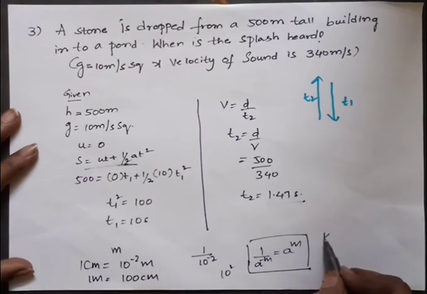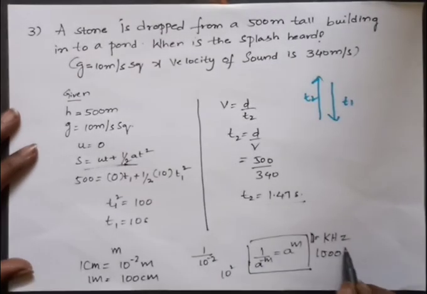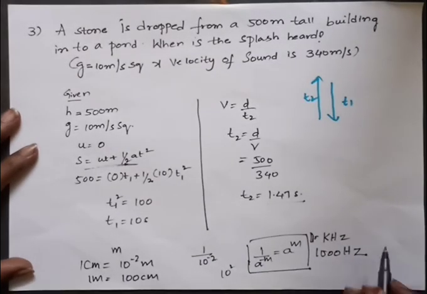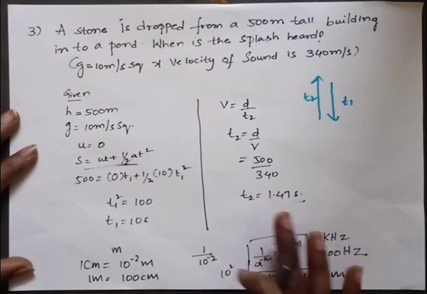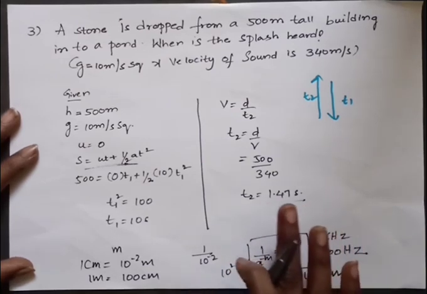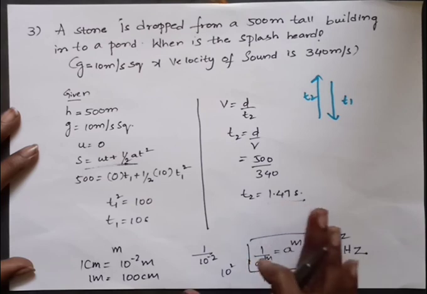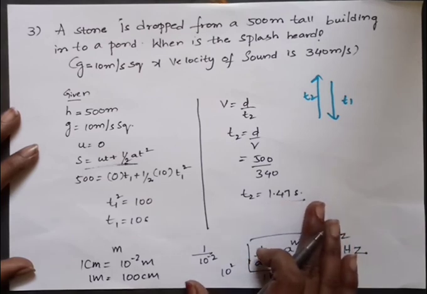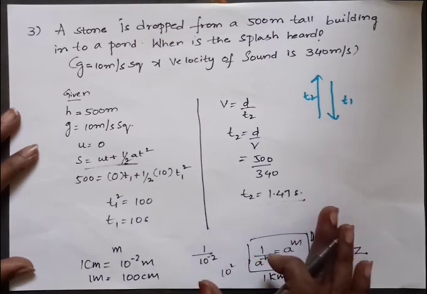And if kilohertz is given, then 1 kilohertz is equal to 1000 hertz. If kilometers are given, then 1 kilometer is equal to 1000 meters. If time is given in hours, it should be converted into seconds. If time is given in minutes, it also should be converted into seconds. So finally SI units should be used. Then only the problem needs to be solved.